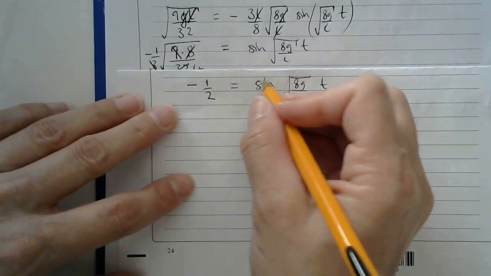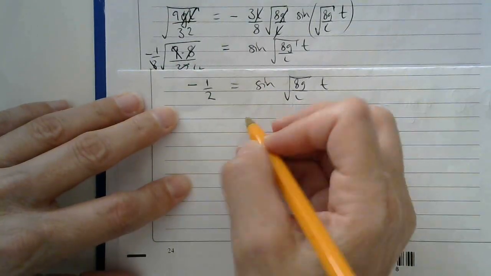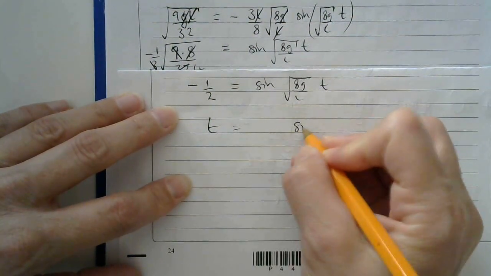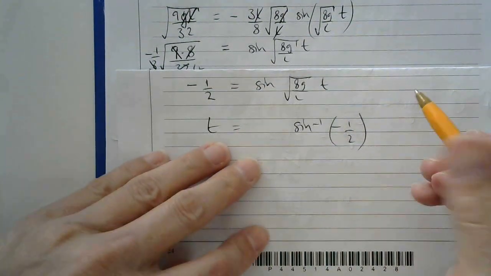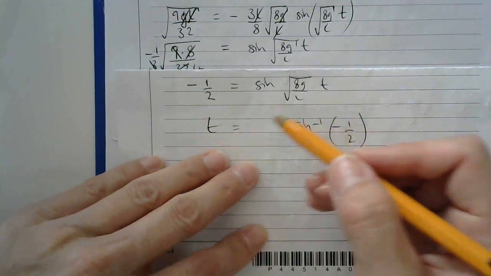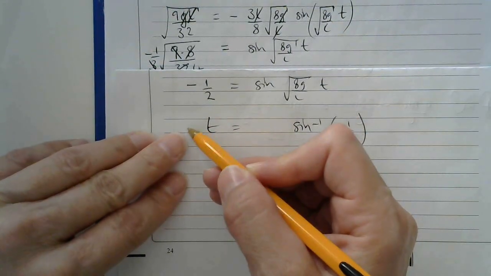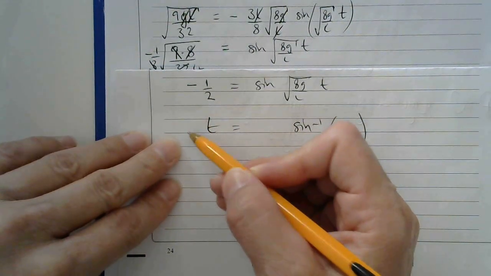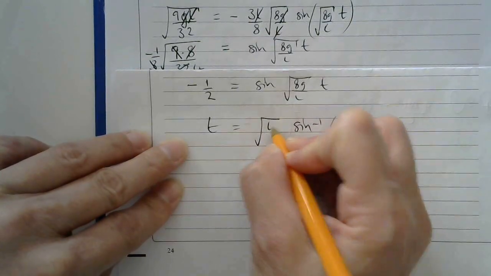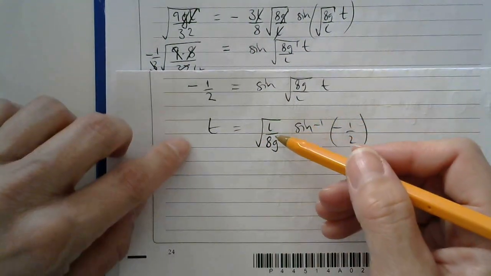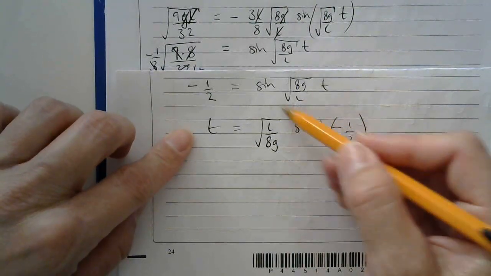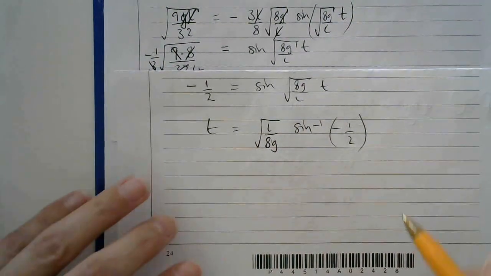And so rearranging this, I'll do inverse sine of negative a half, and I need to make sure my calculator is in radians there. And then I would get root 8G over L here. So if I pop that on the other side, I need to multiply both sides by the reciprocal of this to give me t.